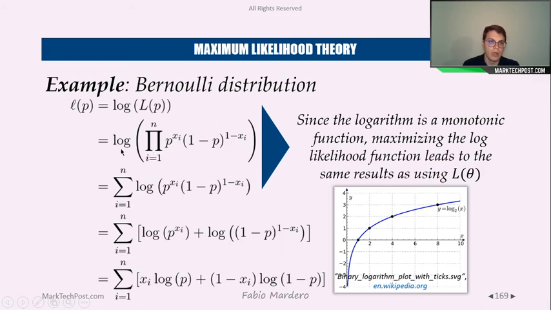Again, the logarithm of a product is the sum of the logarithms. And again, here we have a product between this term and this one. We can split them, and then we know that the logarithm of something to the power of xy, for example, is equal to xy times the logarithm of that something, of that p.